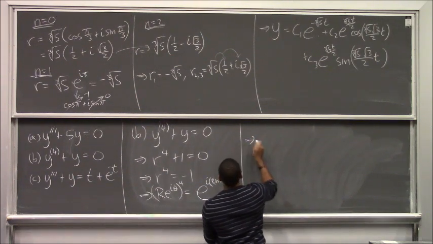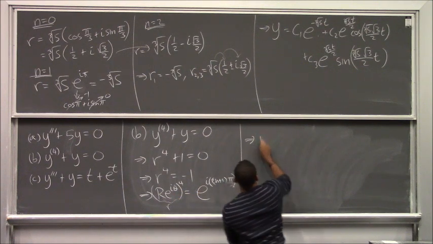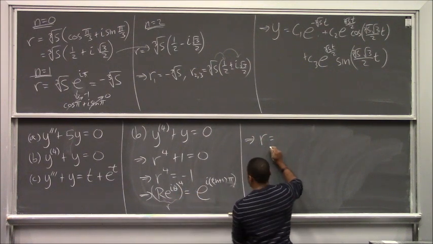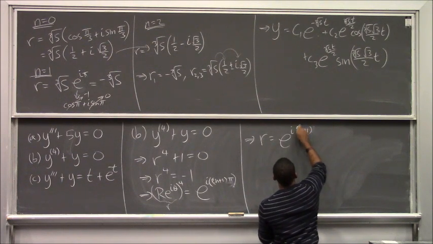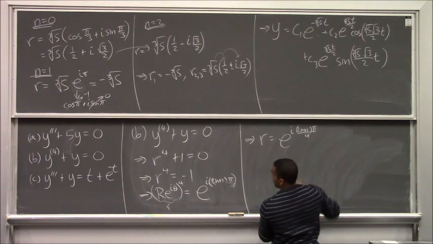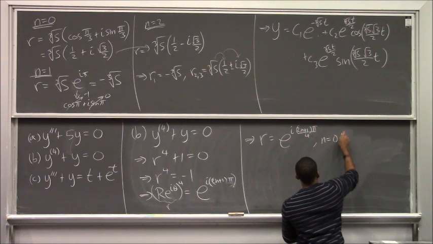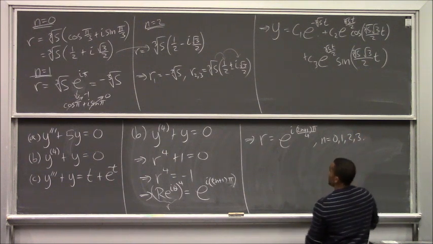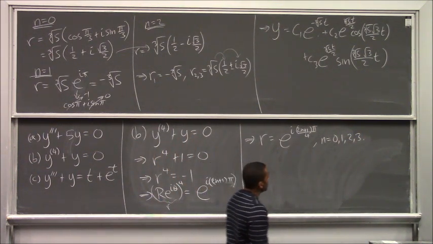So this means r is going to be the fourth root of both sides. It's going to be e to the i (2n plus 1) pi over 4, and n goes from 0, 1, 2, 3. We stop at 1 less than the degree because after that it just starts to repeat.